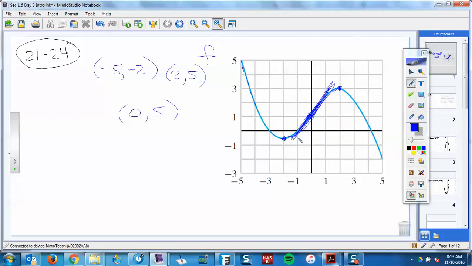Now, it says estimate F prime at this value. So what are you going to do? Rise over run. What do you get? 1.5? Look reasonable? You're going to have to do that on the quiz. You're going to have to understand that what I want at this point, this is the F graph.